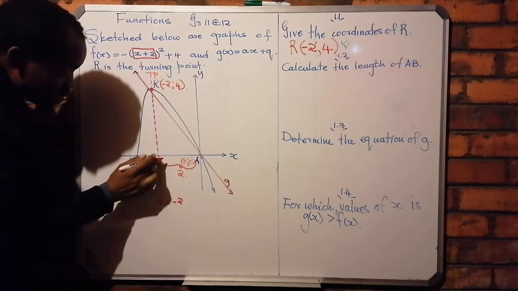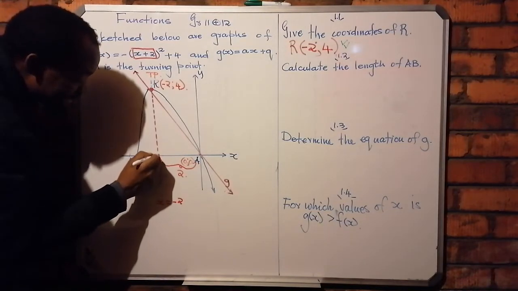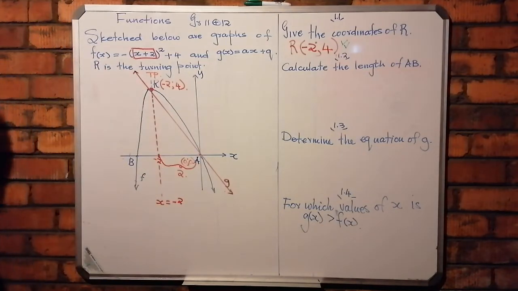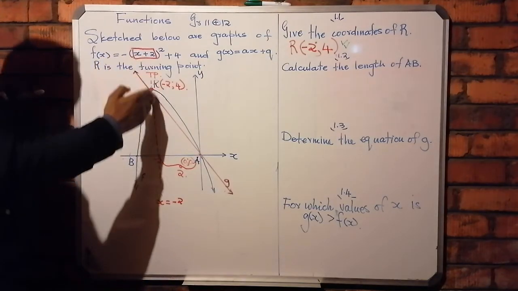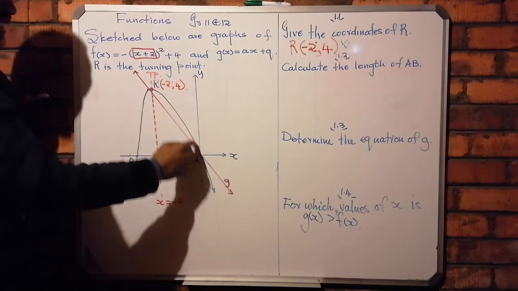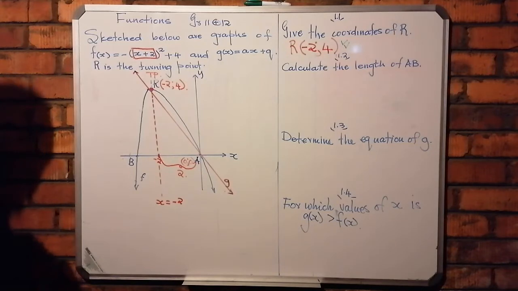Remember, the minus 2 is the value of x there. Now, keep in mind, the axis of symmetry divides this parabola into 2 equal parts.